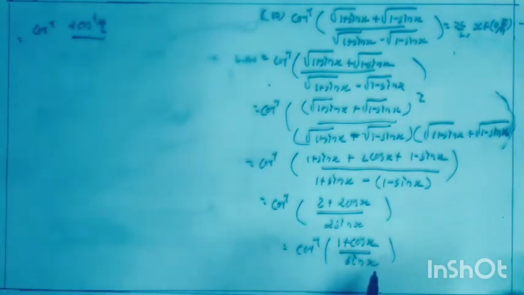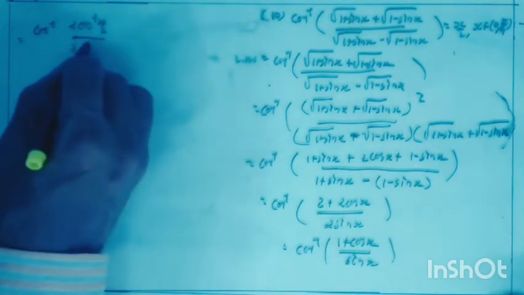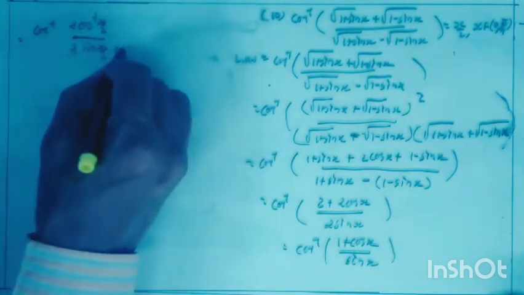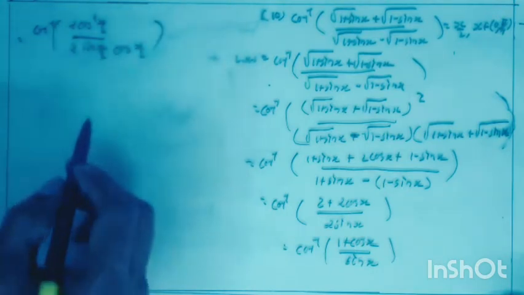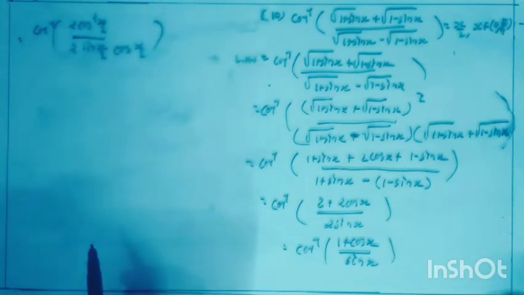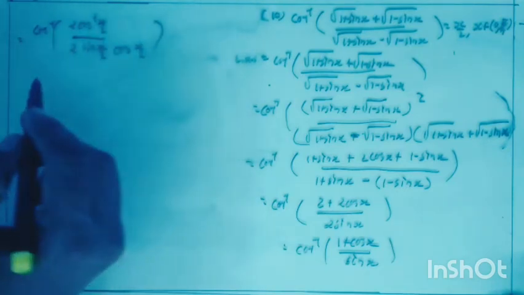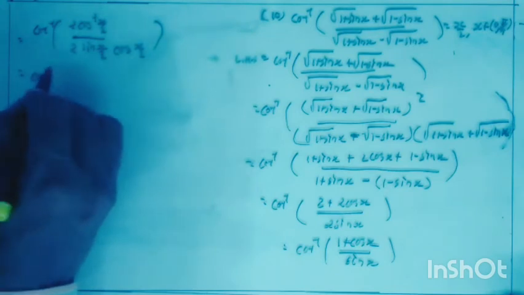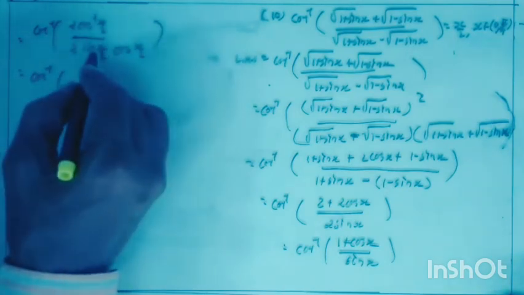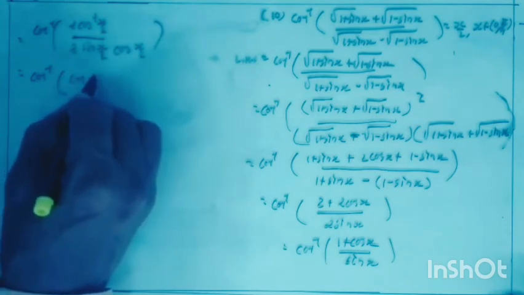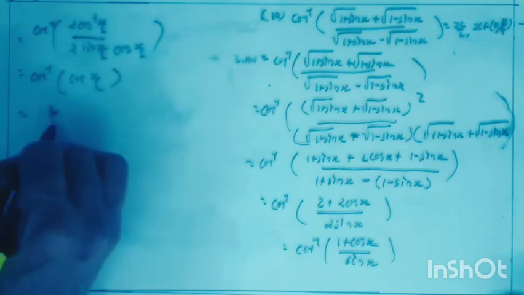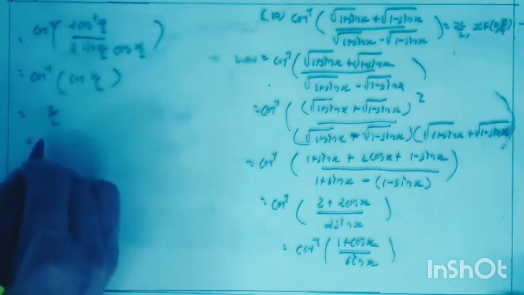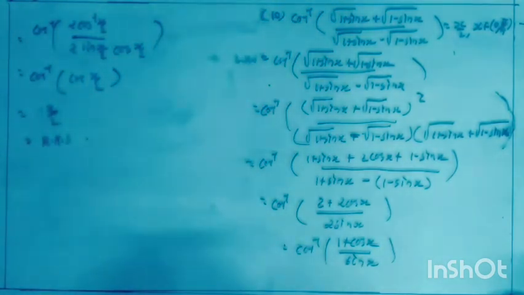Since sin x is equal to 2 sin x by 2 into cos x by 2, 2 from both numerator and denominator cancel, one cos cancels, we get cos x by 2 upon sin x by 2, which is equal to cot x by 2, and the cot inverse of cot x by 2 is equal to x by 2. Hence proved. This is the right hand side. So remember this.